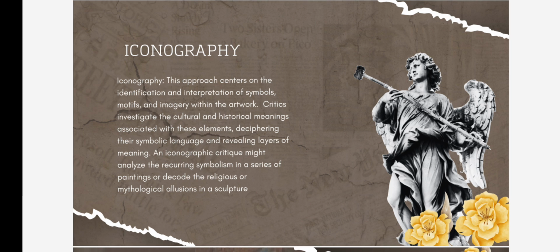An iconographic critic might analyze the recurring symbolism in a series of paintings, decoding religious or mythological allusions in sculpture. So iconography focuses more on the meaning hidden in its symbols.